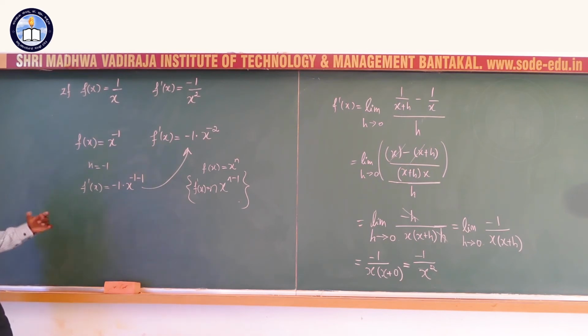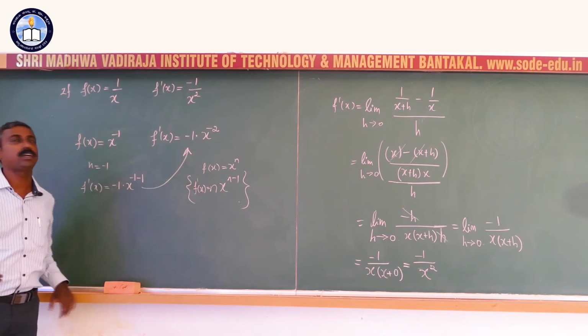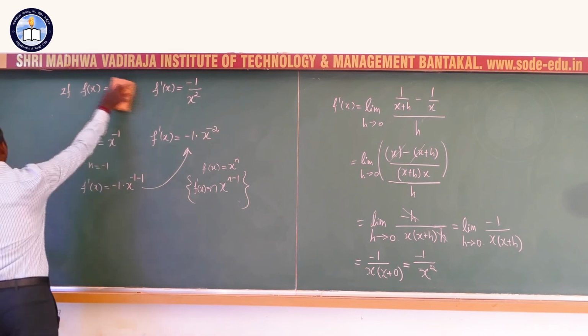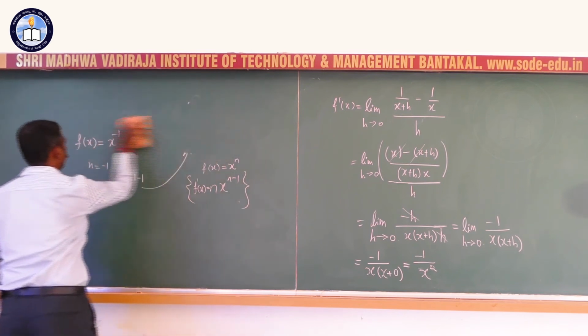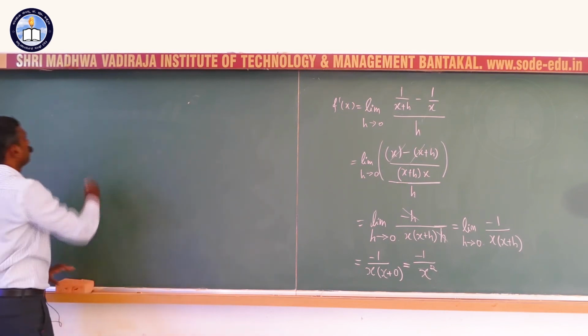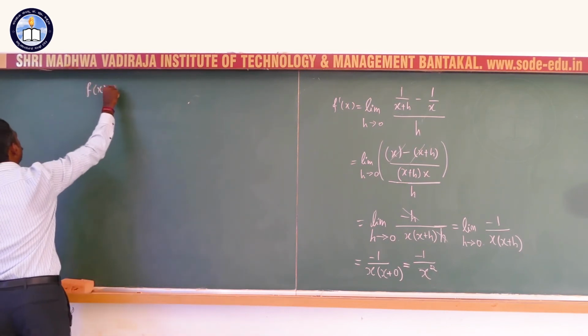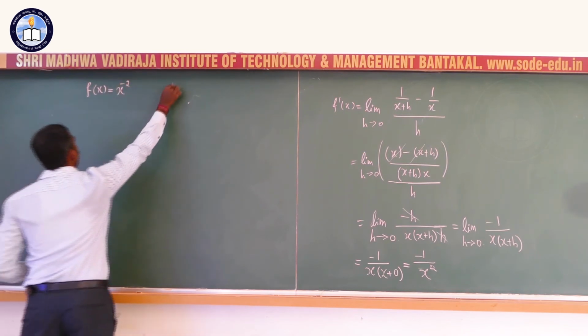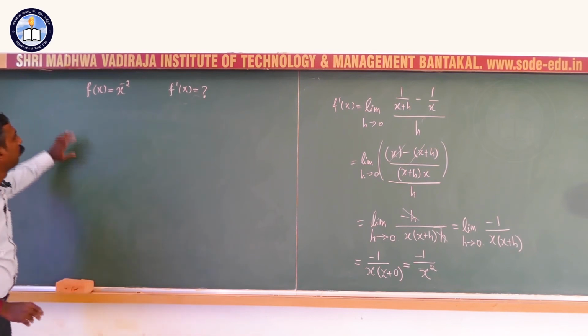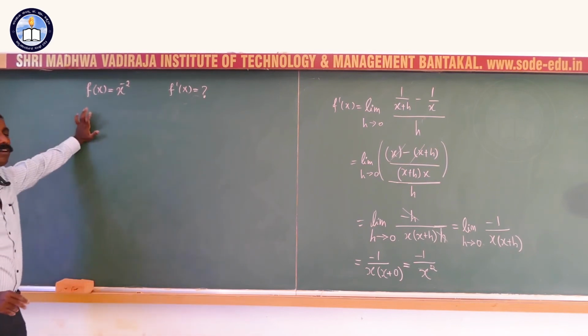Okay. So, we will verify whether n into x power n minus 1 holds good for x power minus 2. So, let us take f of x is equal to x to the power minus 2, f dash of x is equal to how much? First, we will apply the formula.